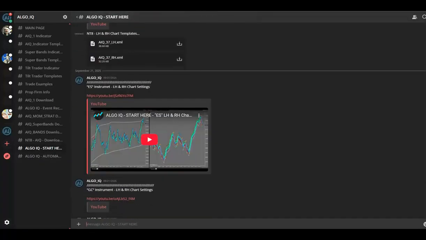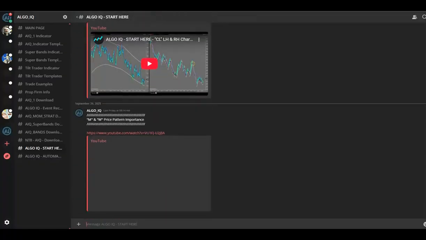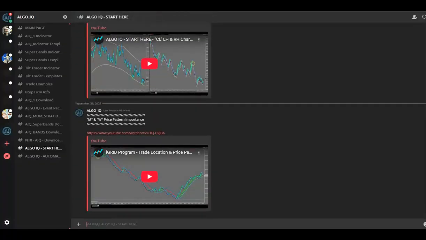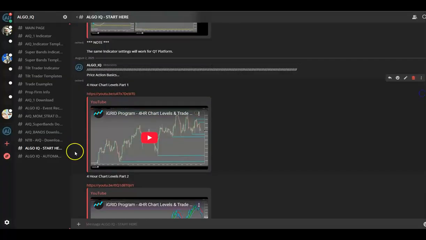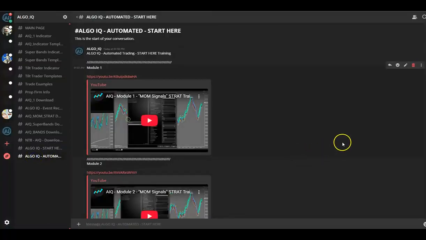And then we have templates and we have quick start chart setup guides. And I get into price patterns, 4-hour chart levels, and so on. And then we also have an automated trading start here section that's very laid out and very simple to follow. So if you've never traded before, you can get in right away, get fired up, and get going on your automated trading very quick.